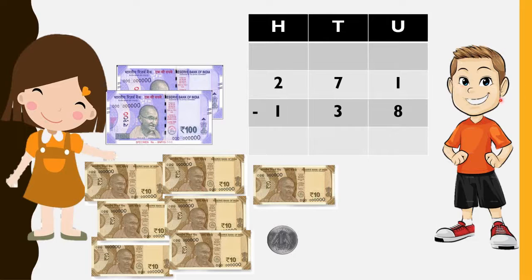So this boy wants 138 rupees from this 271 rupees. So as you can see, now 8 coins cannot be given out of 1 coin. That is, 8 units cannot be subtracted from 1 unit. So we have to change or untie 1 note of 10 rupees for 10 rupee coins.